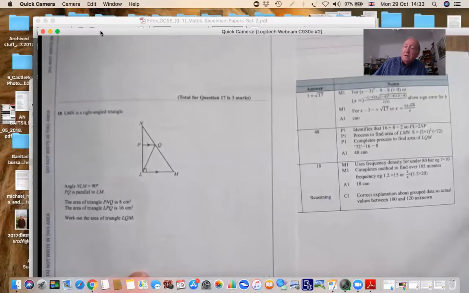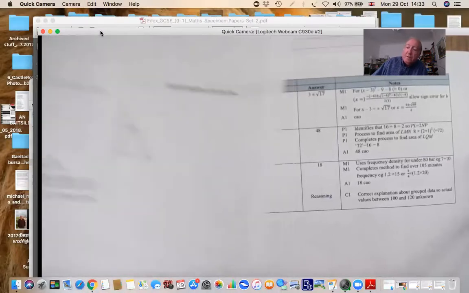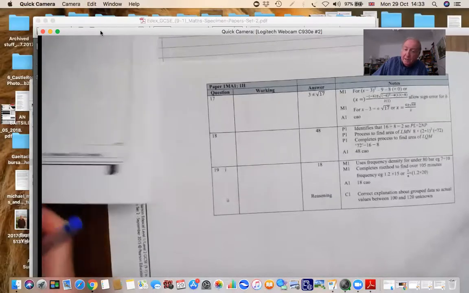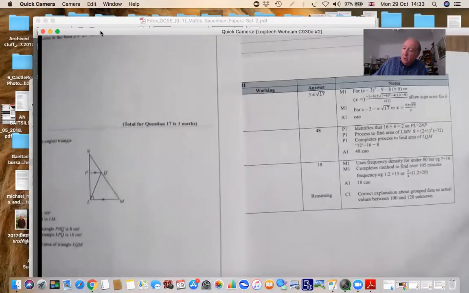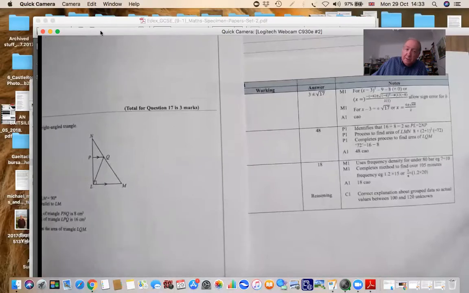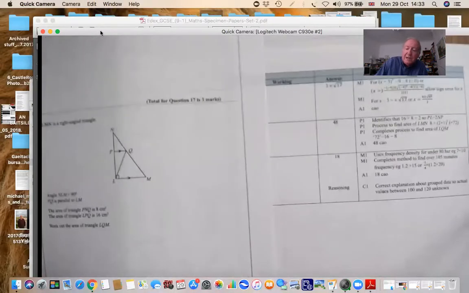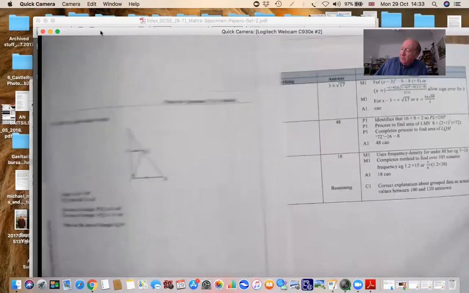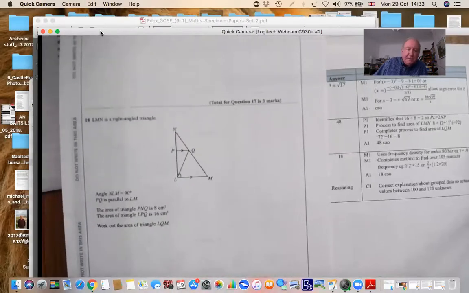Mark schemes are not written for students primarily. So they're not the greatest of help. So I'm going to leave it at that, having set up this problem. And wouldn't we love to just get stuck into this question?